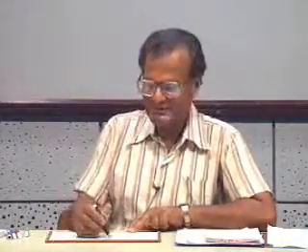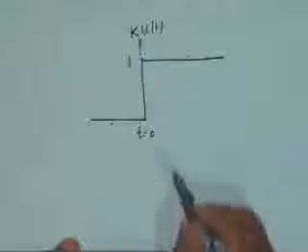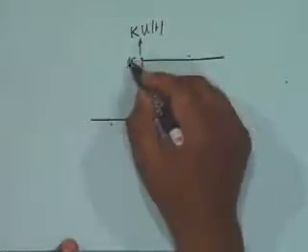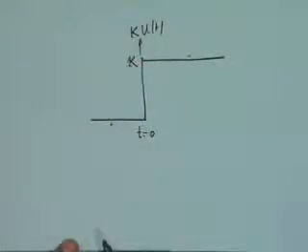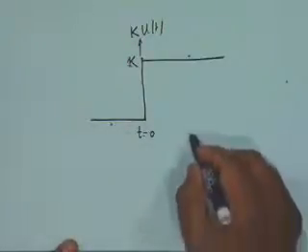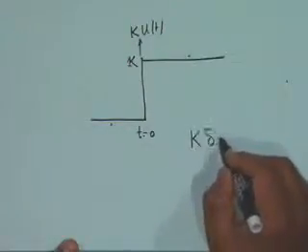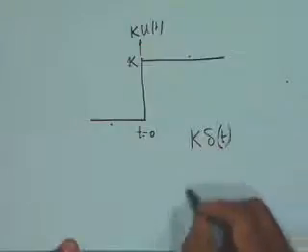On the other hand, if instead of a unit step, it is, let's say, a step of magnitude k, then this amplitude shall be k, and the d by dt of this shall be k delta t.